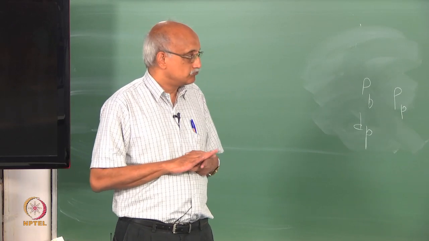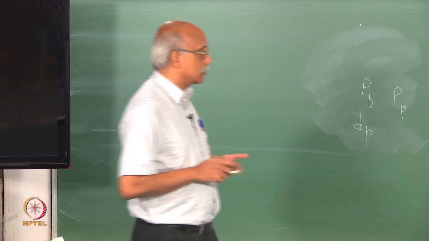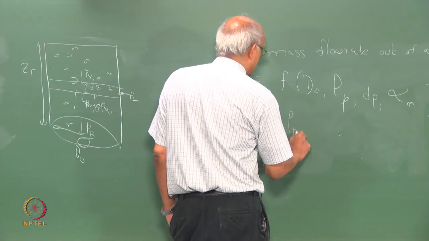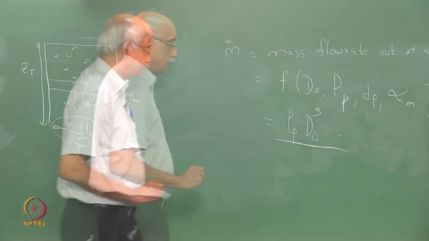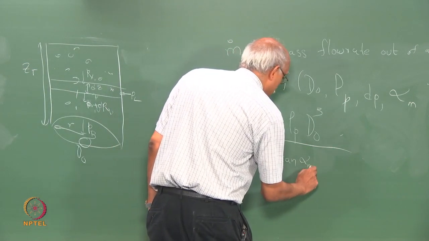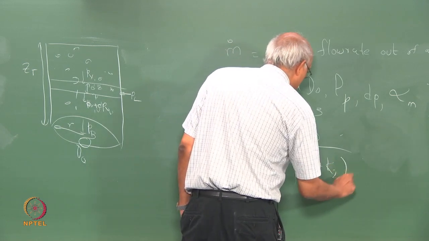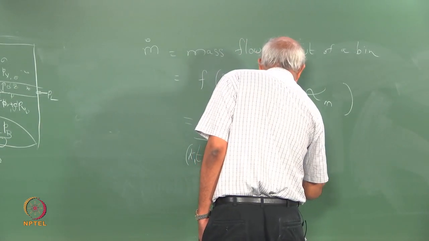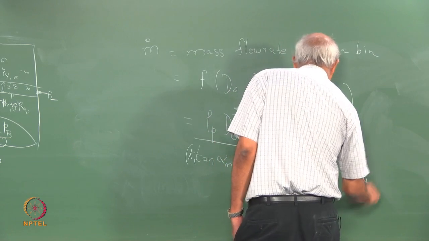So, this is the functional expression, and in fact there is an empirical correlation which says that m dot is actually equal to rho p times dO cubed divided by tan of alpha m, or k1 times tan of alpha 1 plus k2 plus dp plus k3 plus k4.